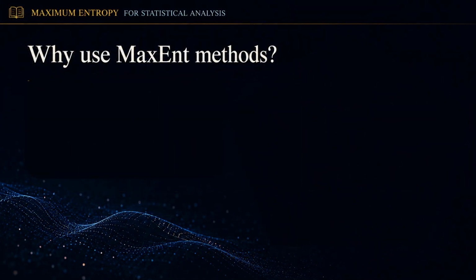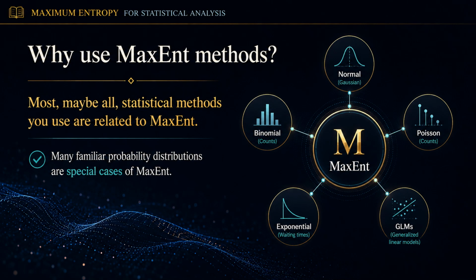So that's why we want to maximize entropy, but why use MaxEnt methods? And this question may seem to answer itself given that last slide, but it's because you are missing a piece of the pie here, which is that most of the statistical methods that are commonly used, and maybe all of the methods that you use, are special cases of maximum entropy principles.